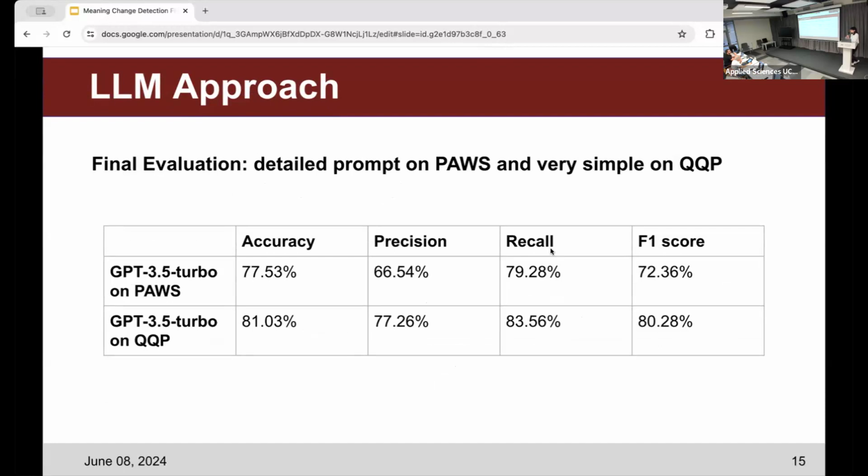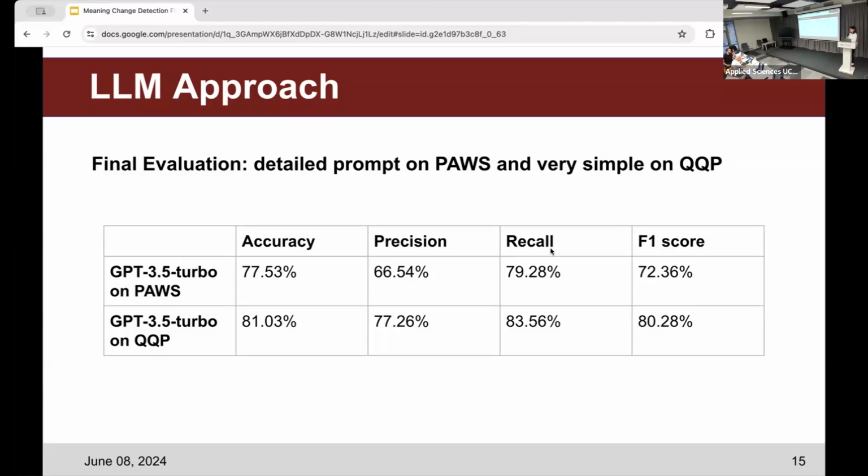My question is, have you tried some real examples that were not present on the internet but maybe written by you, just to verify it works? Actually, I tried it, but they were quite simpler than those provided by POS and the Quora question pairs. And I suppose the correct answers could be because of the simplicity of my examples.